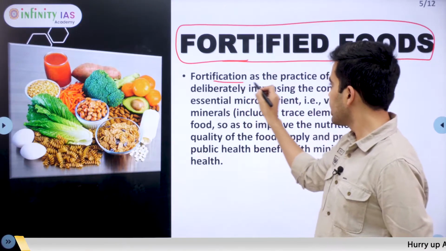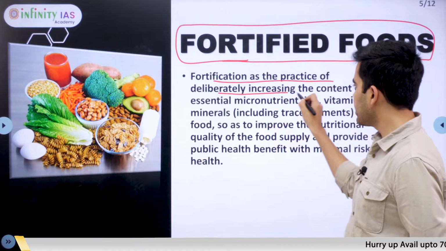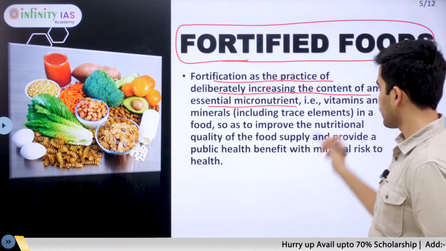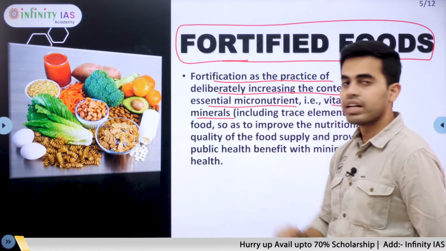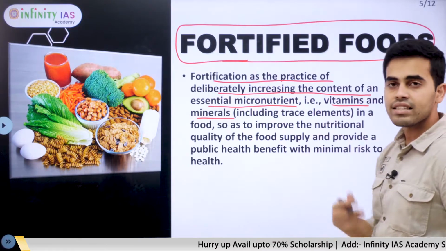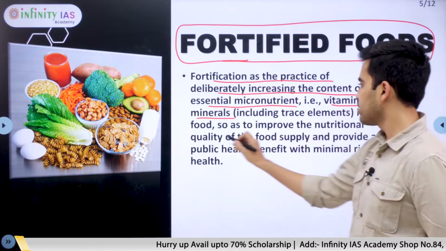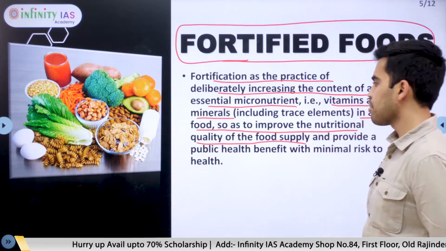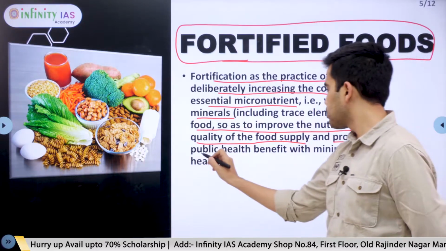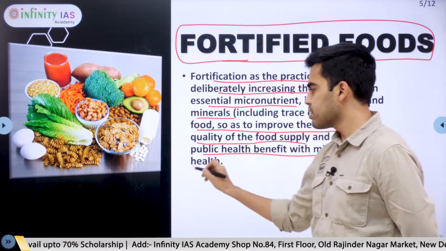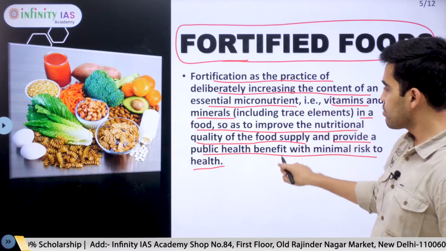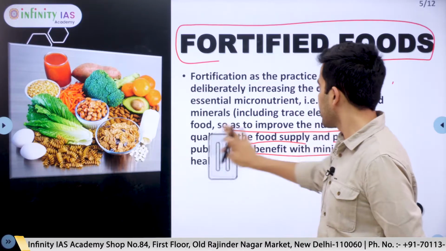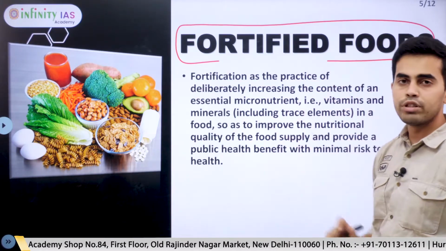Fortification is the practice of deliberately increasing the content of an essential micronutrient, that is vitamins and minerals, including trace elements, in a food so as to improve the nutritional quality of the food supply and provide a public health benefit with minimal risk to health. All these words are very important in the definition of fortification. Now we will look at each of these individually.